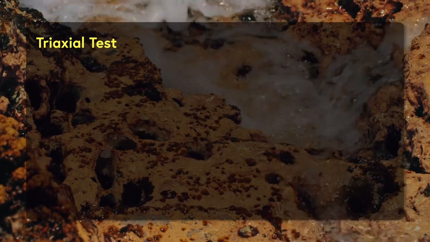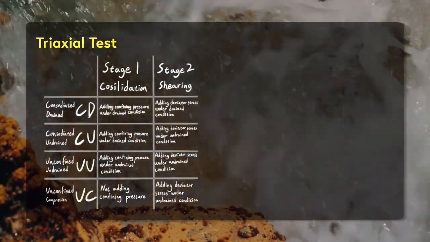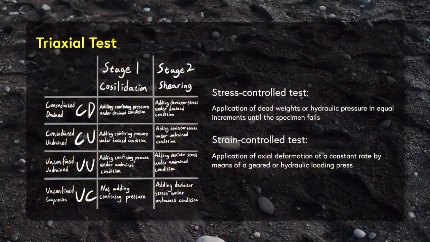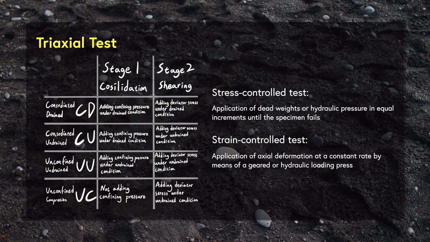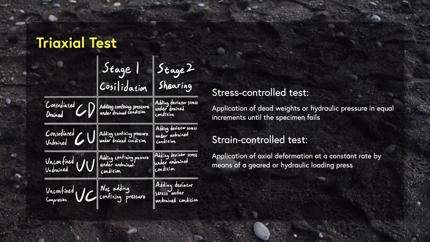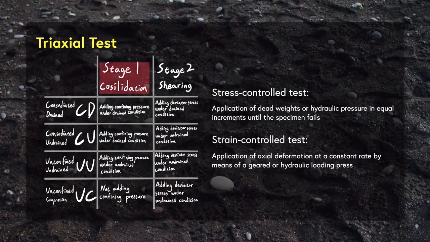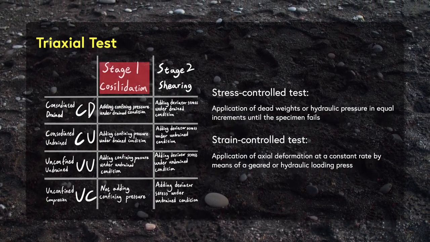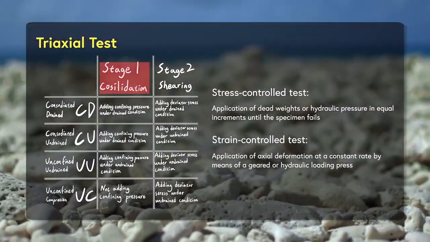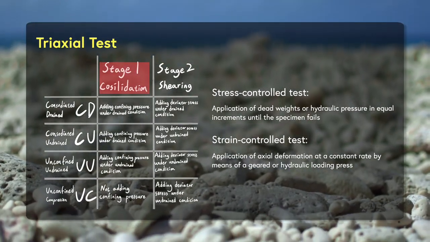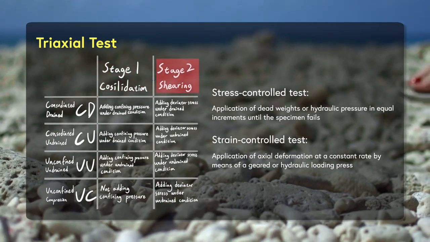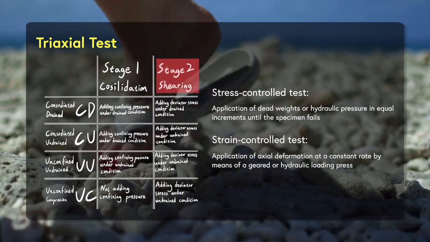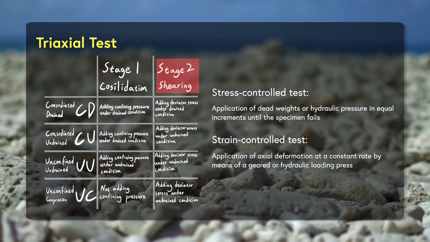There are two stages in a triaxial test. The first stage will be a consolidation stage, and the second stage will be the shearing stage. During the consolidation stage, we will apply an all-around stress to the specimen, and for the second stage, which is the shearing stage, we will apply an additional axial load in the vertical direction.